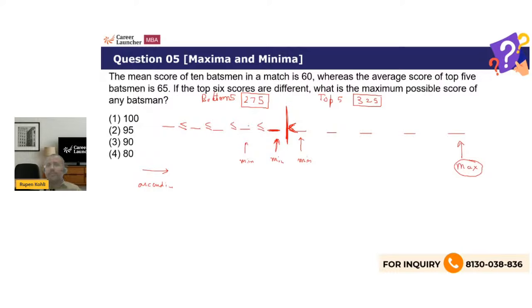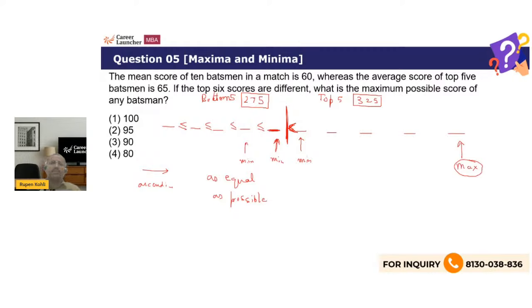You would want them to be equal. With the same logic, you keep continuing: to minimize this, I must keep it equal to this. So you would want these scores to be as equal as possible. If you distribute 275 as equally as possible, you will be able to minimize the 6th highest.